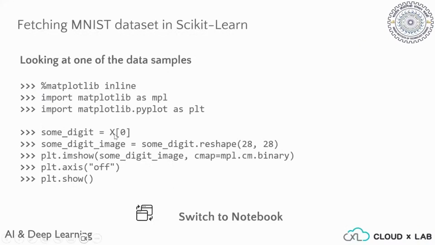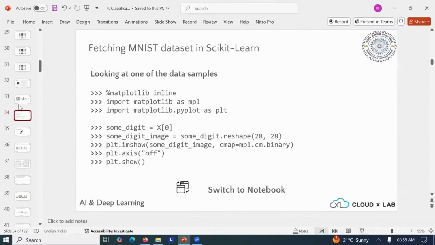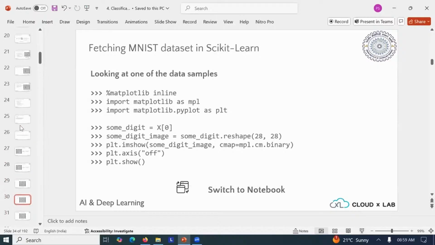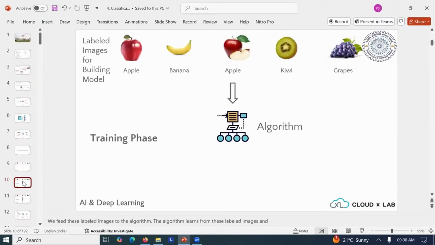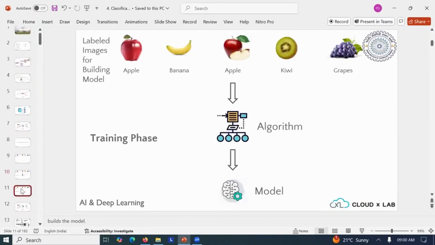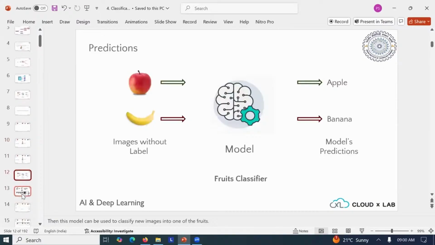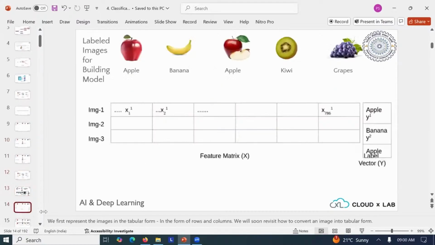And here we are using X[0]. X[0] means the first row, because here the capital X is a matrix. In programming languages, index starts from 0, right?